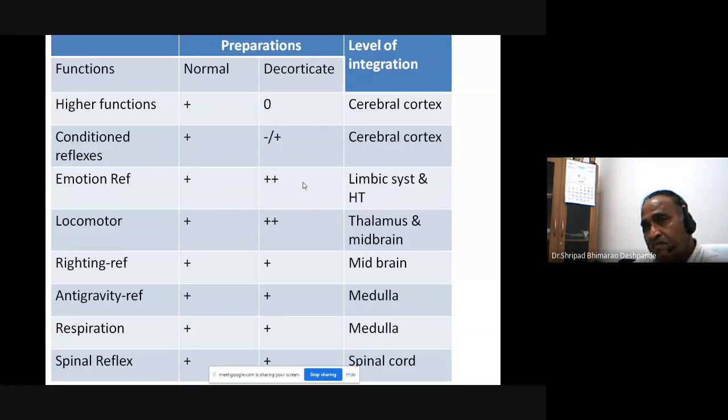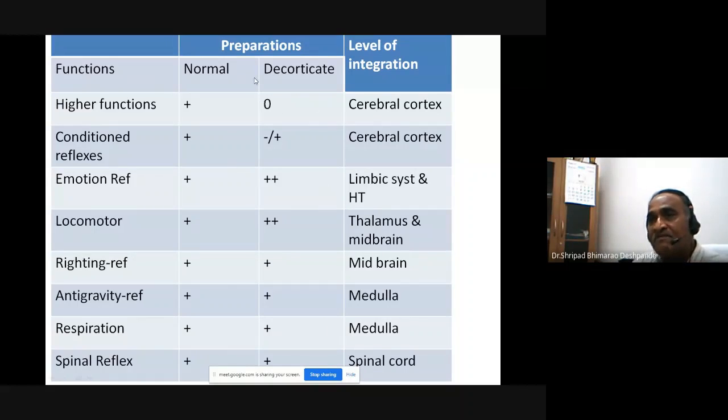If passing urine, cries. Or if something hurts, cries. These are emotional responses. Now, as we are growing, these emotional responses are suppressed by the cortex to understand the social situation in which we are existing. So that means they are suppressed.